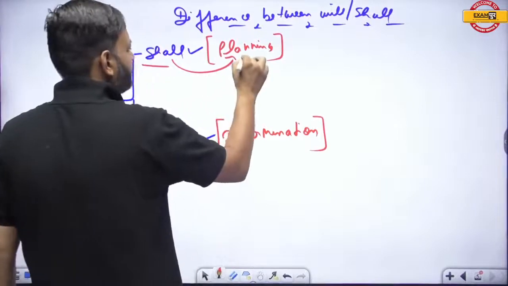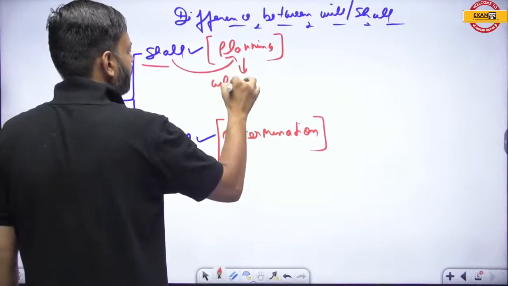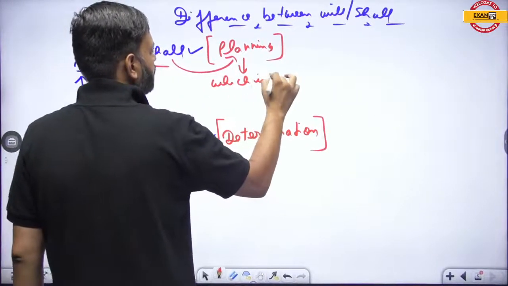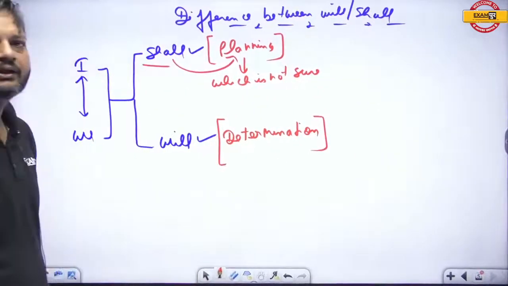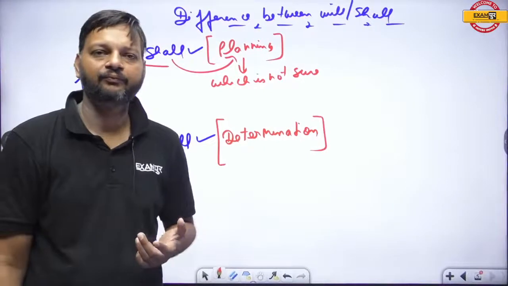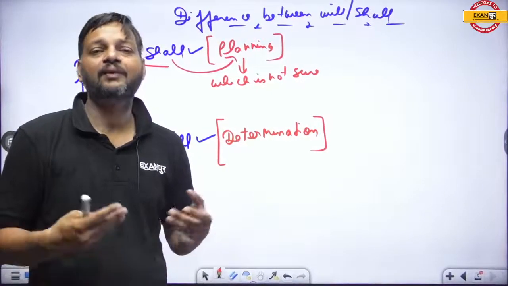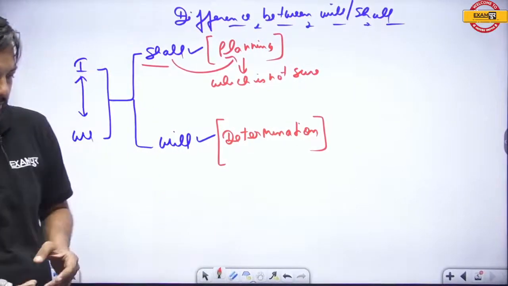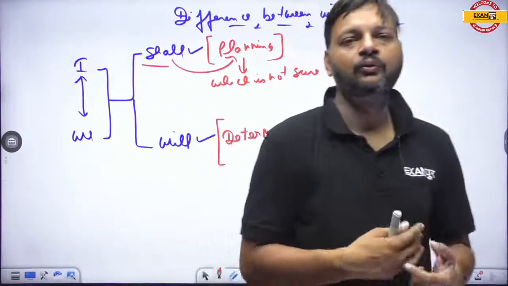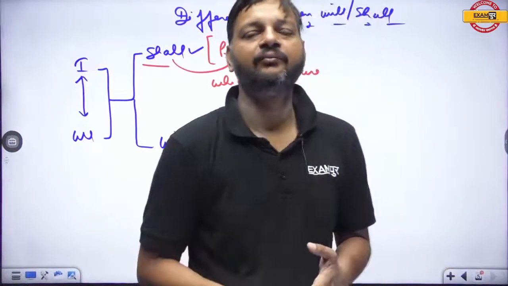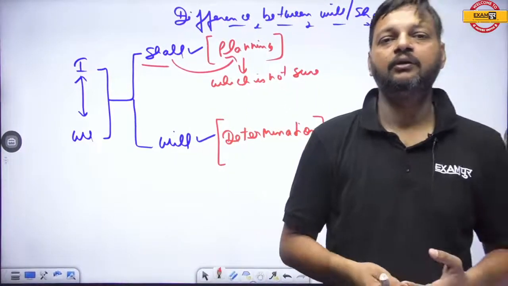Planning, which is not sure. So remember one thing, planning is not always sure. We make hundreds of plans every day, that today I'll take lunch in this hotel, tomorrow I'll be visiting Agra, next week I'll be going to London.